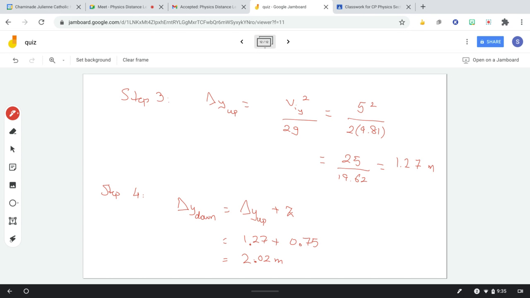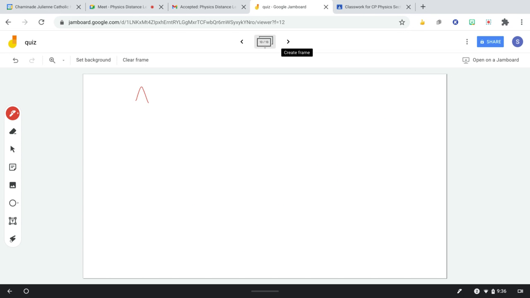Once you found all of this, now you can solve for delta t down. So step five becomes delta t down. This is the formula we can use: delta y down is equal to half g delta t down squared.